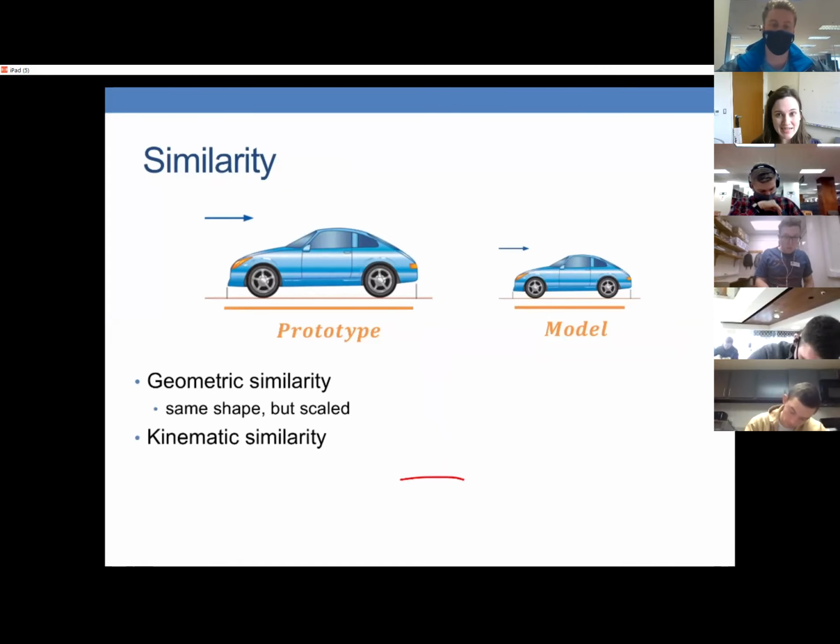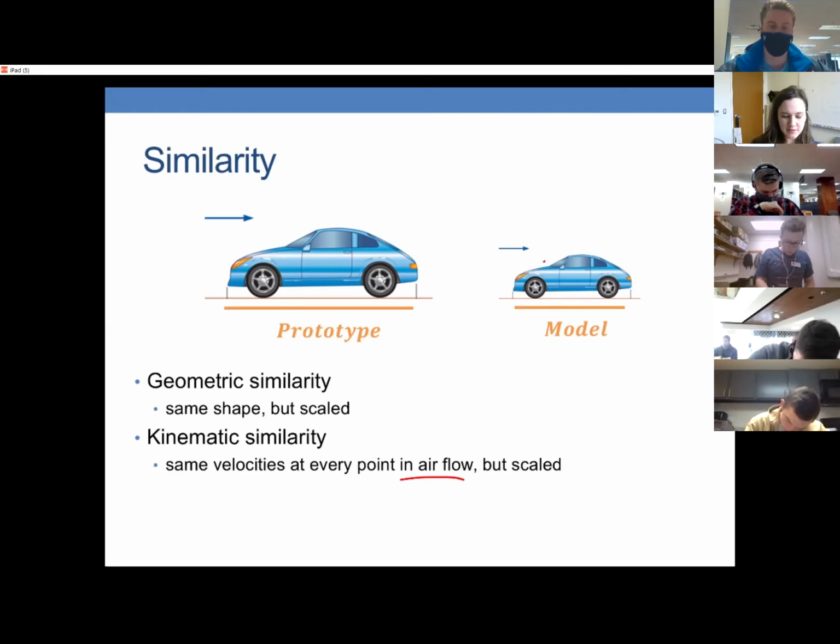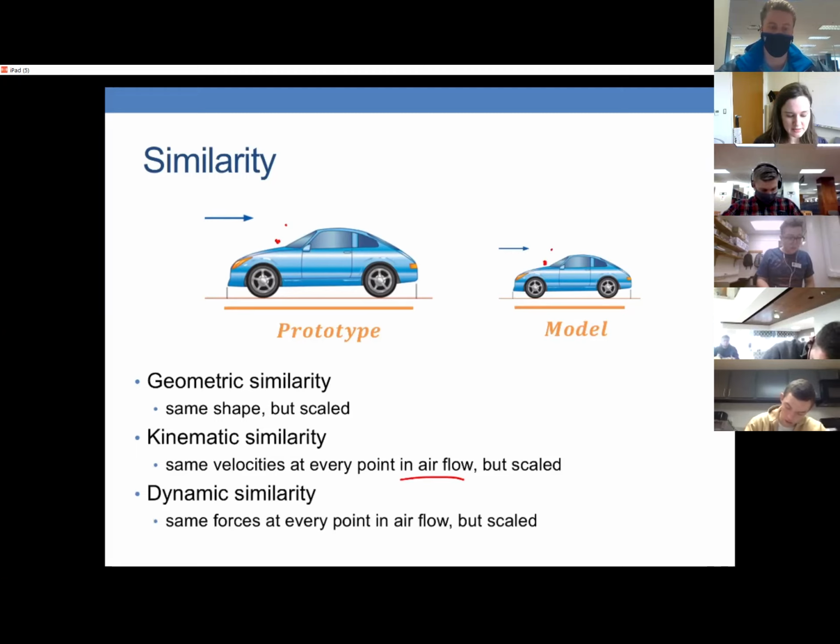Then there's kinematic similarity, which means that at any point in the air around them, if you looked at the equivalent point, it'll be the same as this point over there, scaled by some factor. And then there's dynamic similarity, which is the same thing, but it's forces now. So if I could somehow measure the forces everywhere in the flow, they would be the same in the big one and the small one, but scaled by some factor.